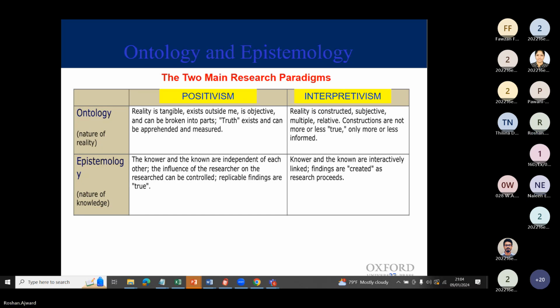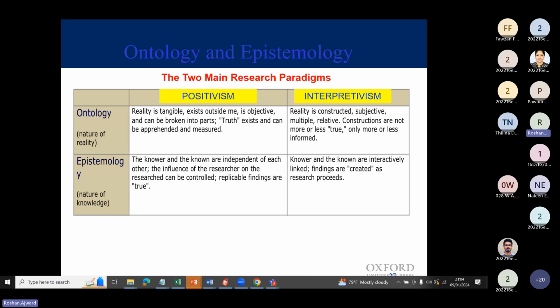Paradigms are like that. Here, positivistic researchers, the first class of researchers, believe there's only one objective reality. Then interpretivistic researchers think that there are multiple realities. There's not only one reality. Interpretivist researchers think there are different ways of looking at the same thing. Now let's take Facebook as an example.